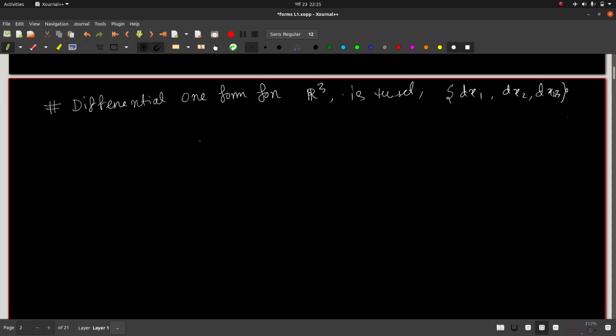Another hand-waving way of knowing that this is indeed a form is to count how many d's there are. You have some variables or coordinates, and it has only one d, so people call it a one form or a differential one form. But that's just a hand-waving way of remembering things, not the correct rigorous definition. Okay, so keep that in mind.